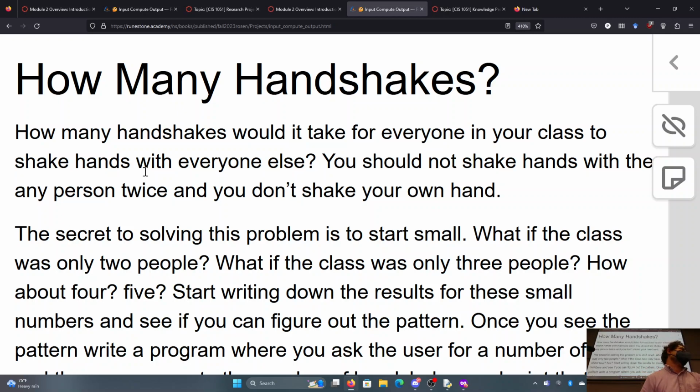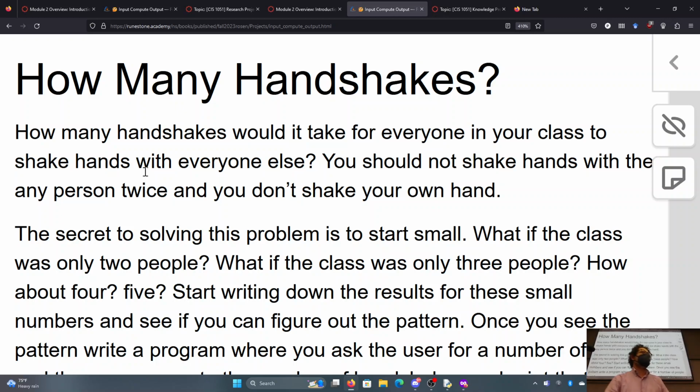This was a very interesting question to ask in fall of 2020 when we were all online, since that would require not being in Zoom and breaking a bunch of health regulations at the time. But the idea here is that you don't shake hands with any person twice, and you're not shaking hands with yourself. You don't shake your own hand.